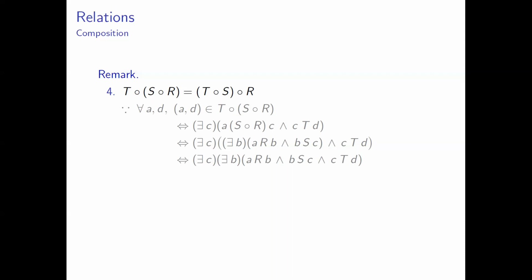Hence, the above is equivalent to the statement for some object c and some object b, a is related to b under R, and b is related to c under S, and c is related to d under T. It can be shown that this is equivalent to the statement there is an object b satisfying the conditions a is related to b under R, and for some object c, b is related to c under S, and c is related to d under T. The second statement in the conjunction is equivalent to the condition b is related to d under TS.